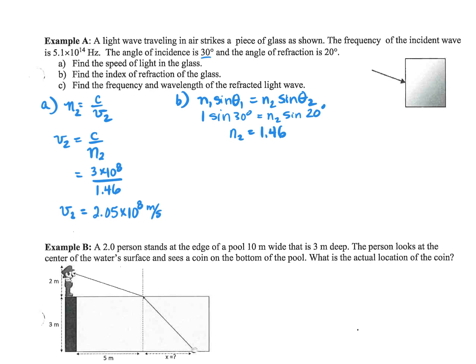Find the frequency and the wavelength of the refracted light wave. So what do we know about frequency and wavelength? Frequency doesn't change, guys. Wavelength changes. Frequency is frequency for something.